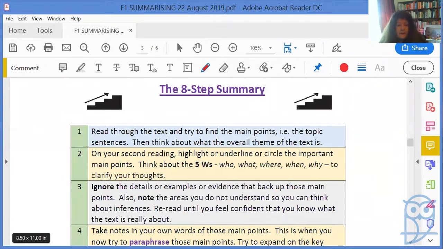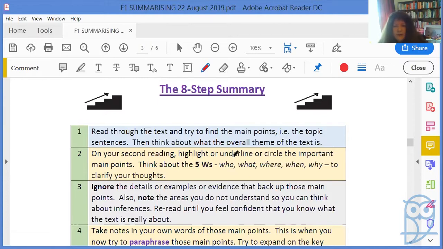Okay, right, second step, number 2. On your second reading, this is when you highlight or underline or circle these important main points. You've got to make them stick out so that you can see them, because you're going to be using those. And while you're doing that, you can think about the 5 W's.